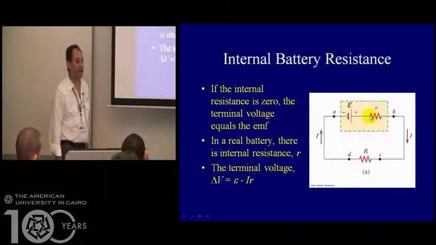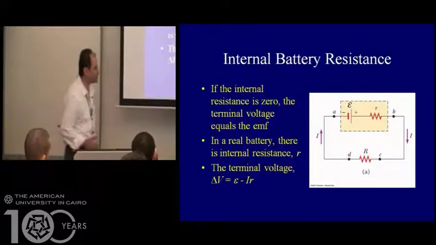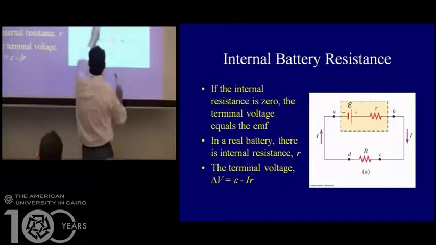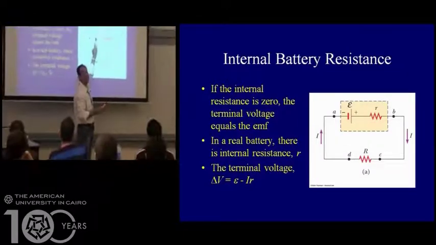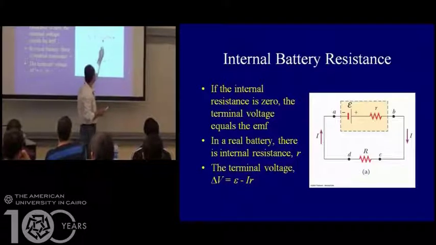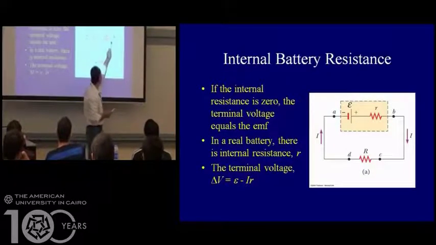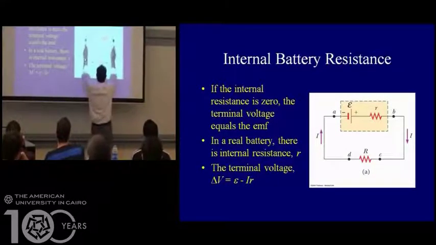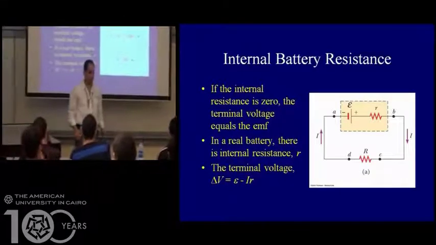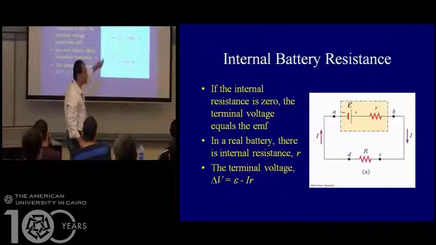So if we look at the schematic diagram of the battery, what's inside the battery? Inside the whole battery, we have an ideal battery that produces an electromotive force and an internal resistance. And if you connect the two terminals of the battery to a load, a resistor R, then we call that a circuit.